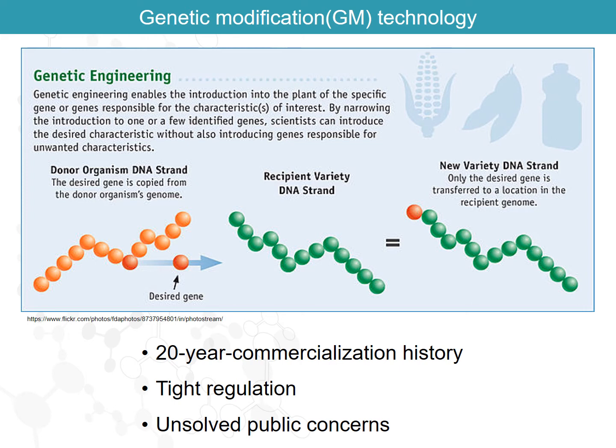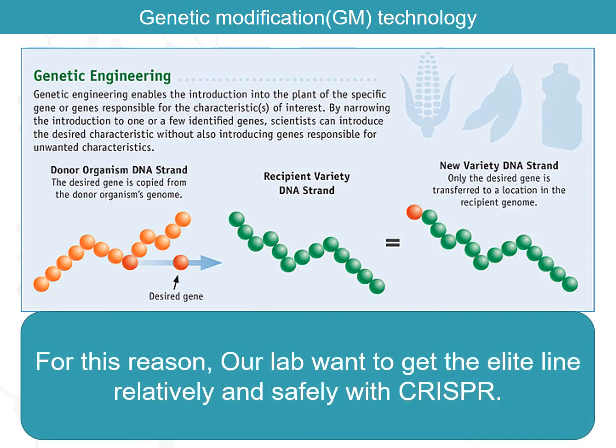However, it's still distrusted by consumers and environmentalists, so its growth is limited by strict regulation. This leads to a distorted structure in which only multinational corporations entered the GMO market. For this reason, our lab wants to get the elite line relatively quickly and safely with CRISPR.